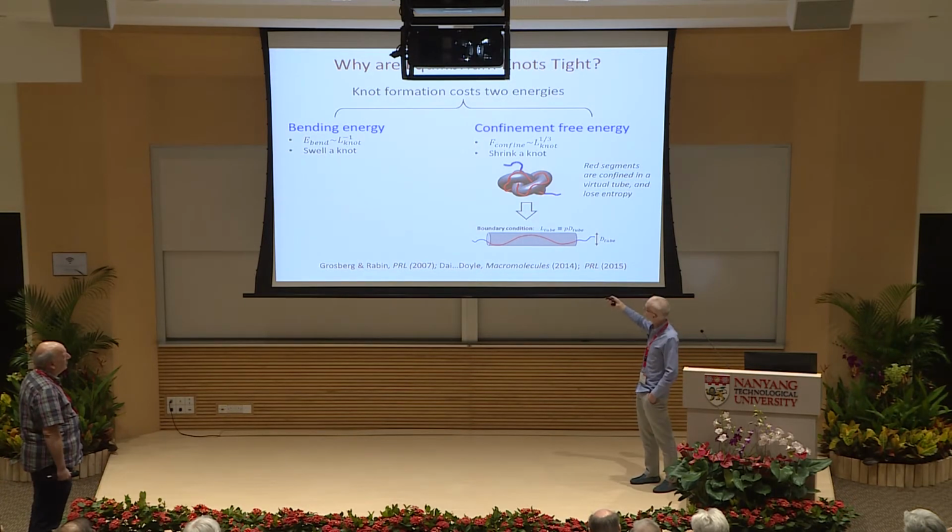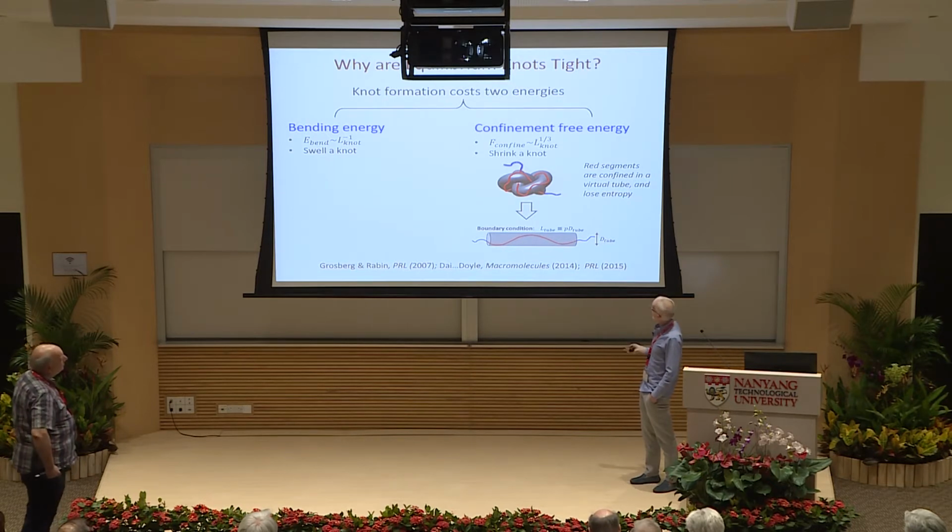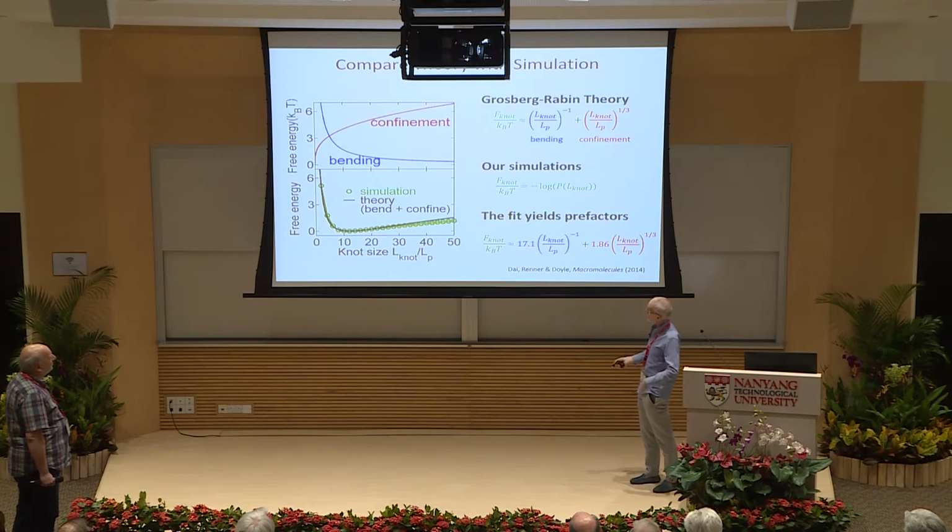The chain doesn't want to have a lot of it in this tube, this self-confinement, so that says I want to have the knot as little contour as possible. This says I want to have easy bending. They have different scalings with how much contour is in the knot, and so just balancing those is going to give you a minimum. If we do simulations and look at the free energy, we get a very nicely defined minimum.